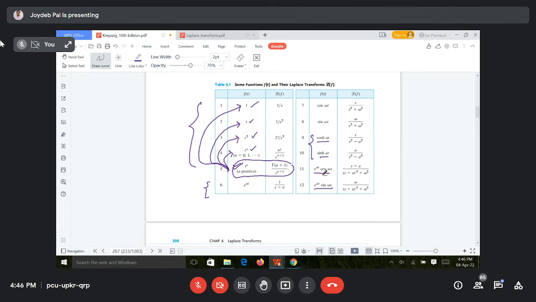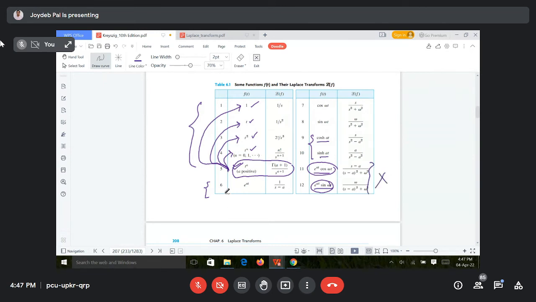Whenever it is a multiplication of e to the power at cos omega t or e to the power at sin omega t, you will get it by some property. I will show you, no need to remember this.